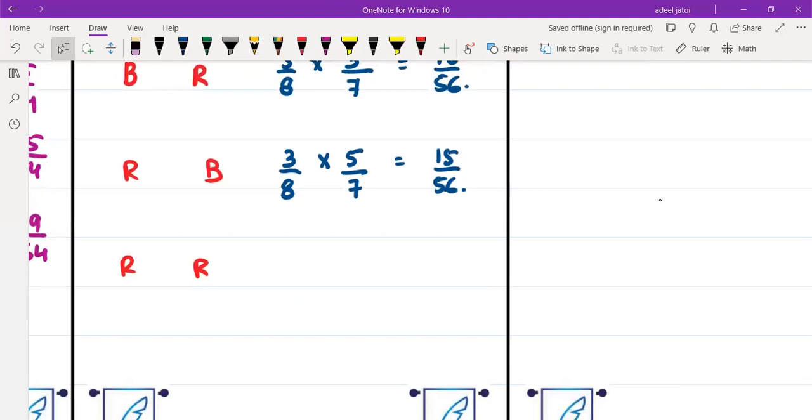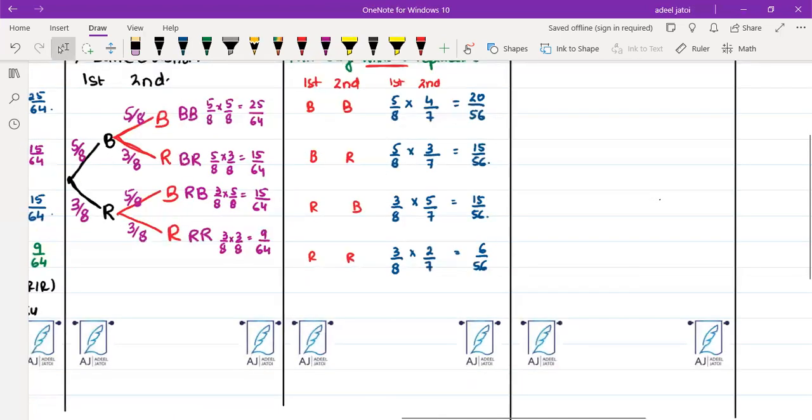Similarly, if I want to pick red, red is 3 upon 8 into 2 upon 7, because red has been chosen first and kept outside. This should be 6 upon 56. If we look into the same method, the total probability of black and black plus black and red plus red and black plus red and red will all be equal to 1.